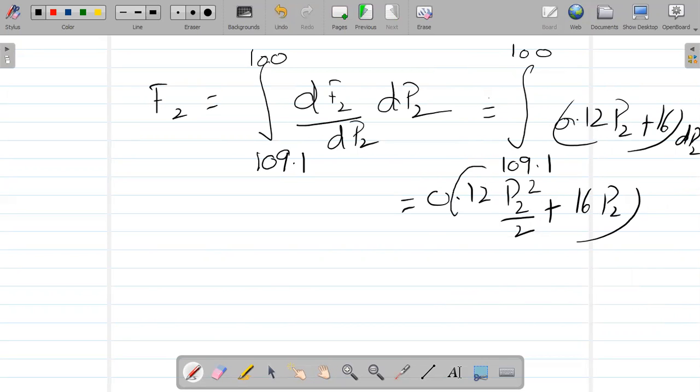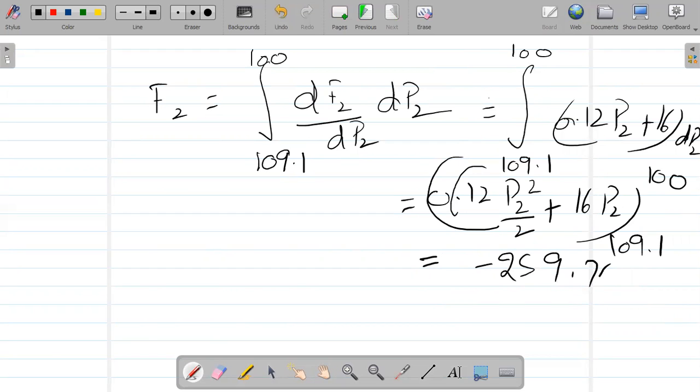What are the limits? 109.1 and 100. So you will get a sum, minus 259.768 rupees per hour.